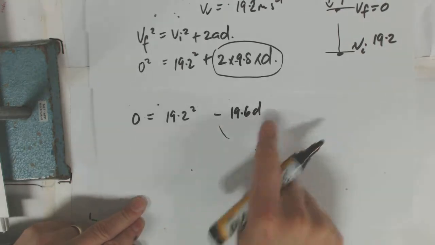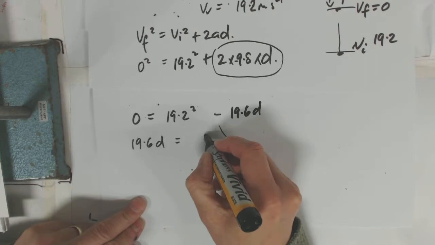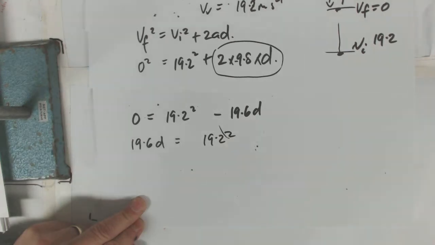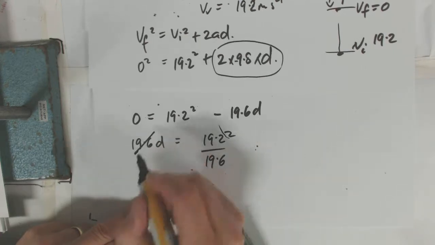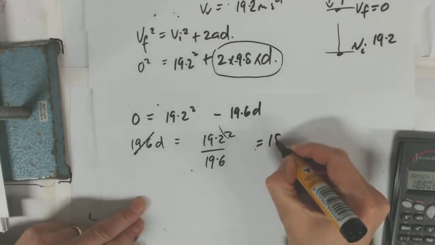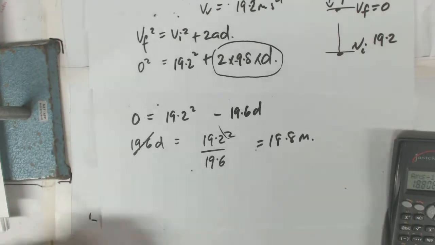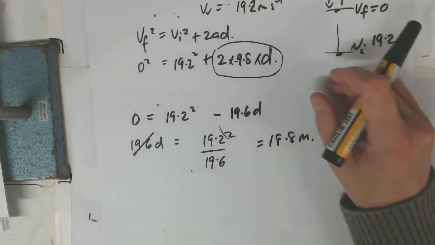So I can add 19.6d to both sides, and I've got 19.6d equals 19.2 squared. If I divide both sides by 19.6, I can find out how high it goes. So first I do 19.2 times 19.2, that's 19.2 squared, divided by 19.6, and I've got 18.8. So I now know it goes 18.8 meters high. All I had to do was use that one equation.